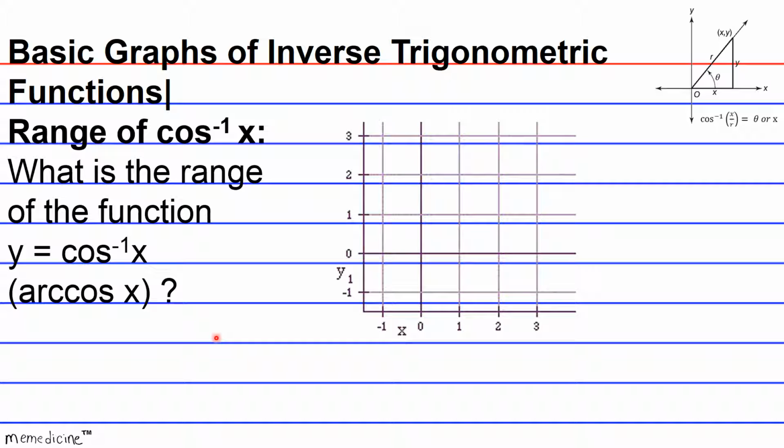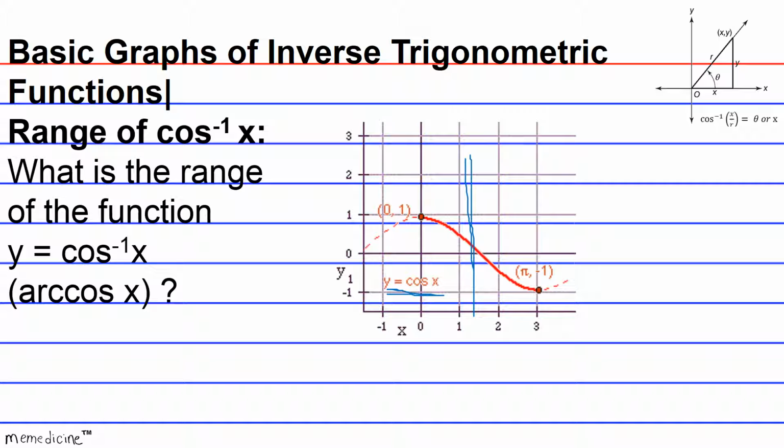The originating function y equals the cosine of x is not a one-to-one function, okay? And what I mean by that is that it's a function. A function can be determined by the vertical line test. So the cosine of x, and this, by the way, is a picture of the cosine of x function, y equals the cosine of x.